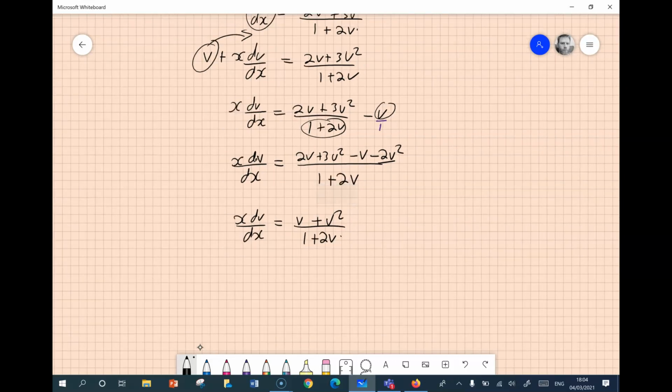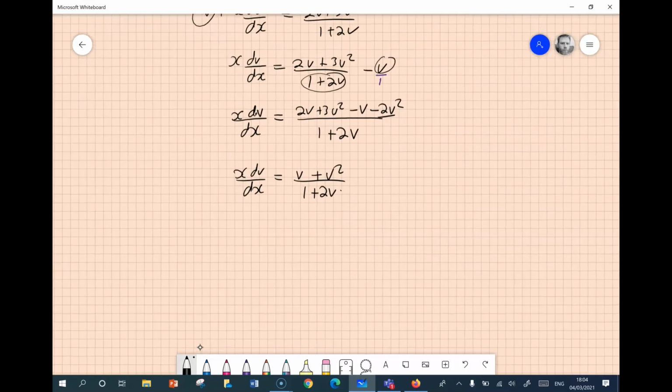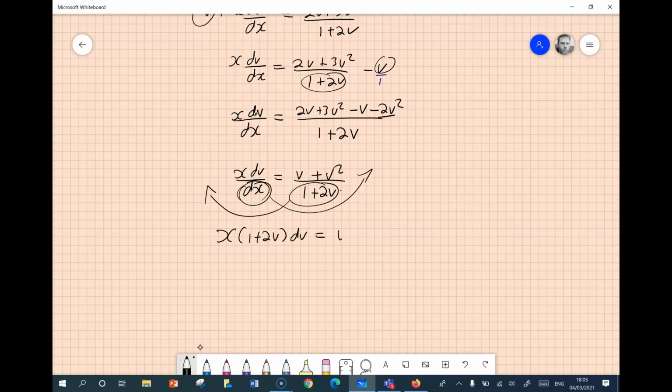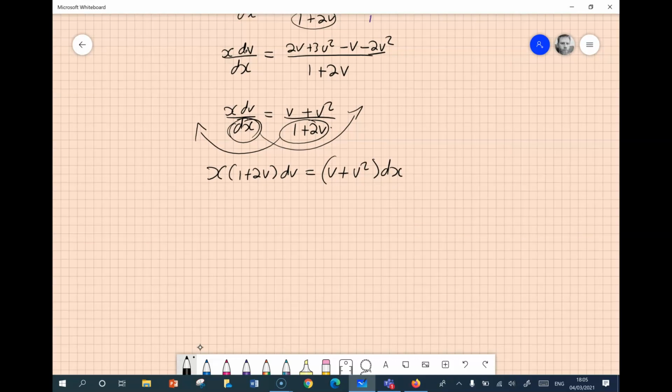Okay, so now it's time to get dx's with x's and so on. I've got a dx here, and I'm going to bring it over to multiply. I've got a 1 + 2v here, and I'm going to bring that over to multiply. So I've got x times (1 + 2v) times dv equals (v + v²) dx. Lastly, I get my x's with my x's and my v's with my v's.